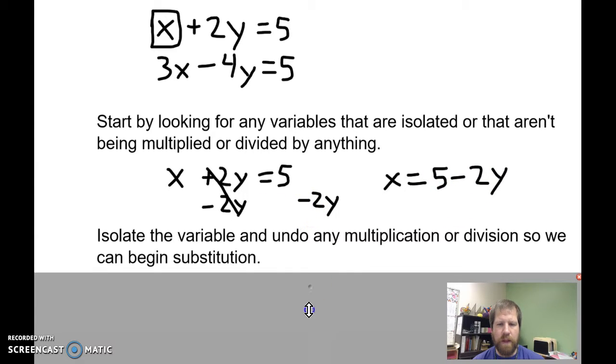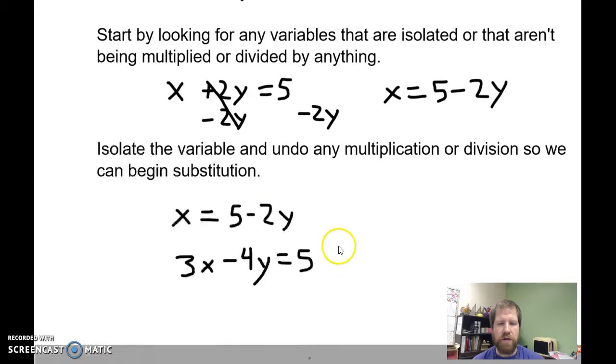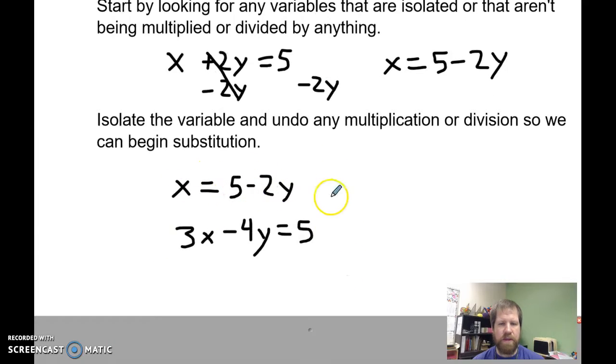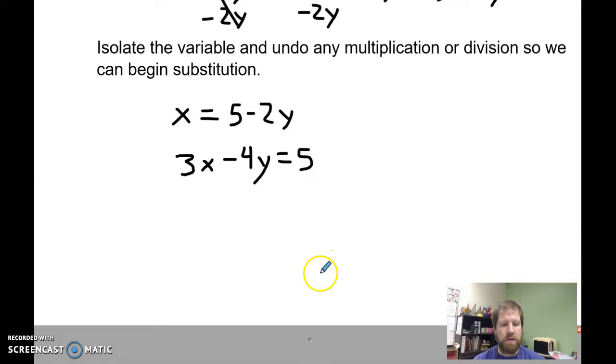Now that I've gotten my first equation isolated with x by itself, I can start substitution. I'm going to substitute for x, and for x I'm going to substitute 5 minus 2y.